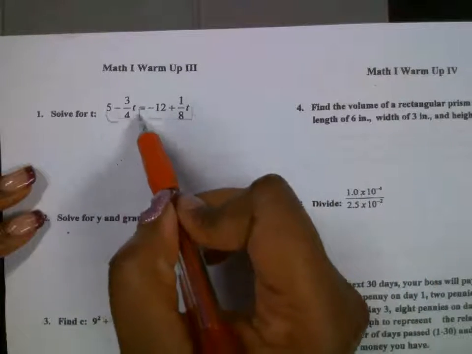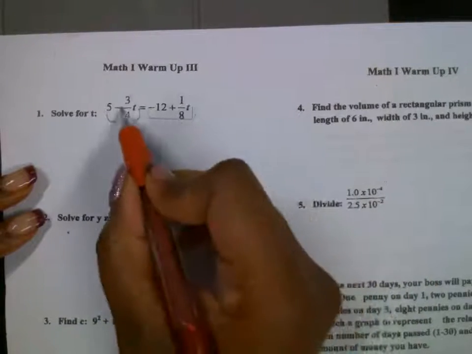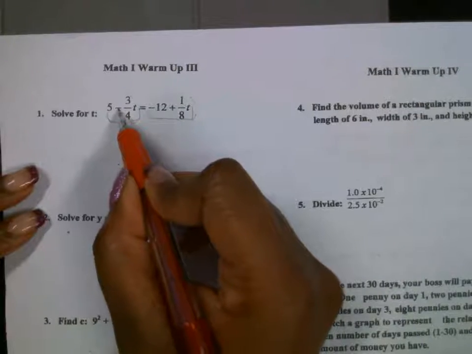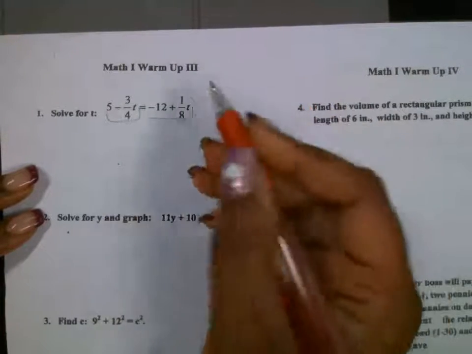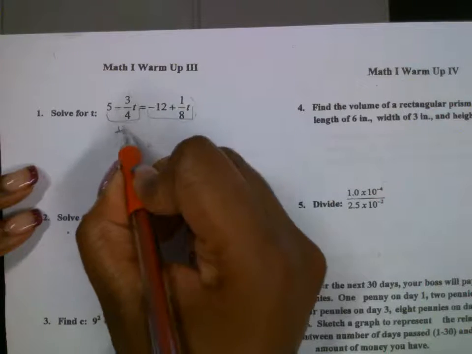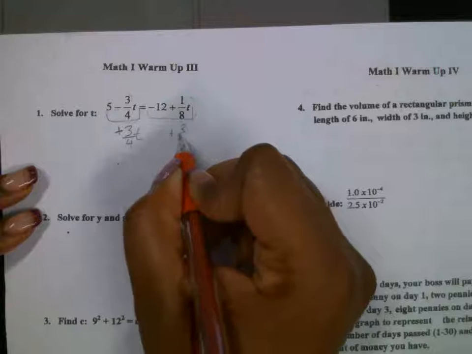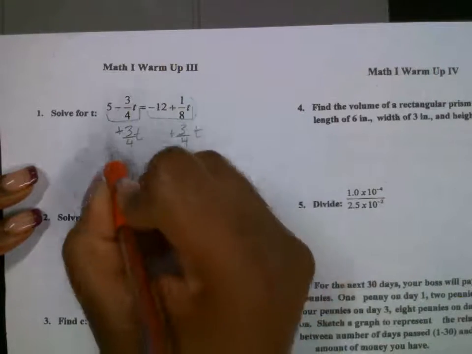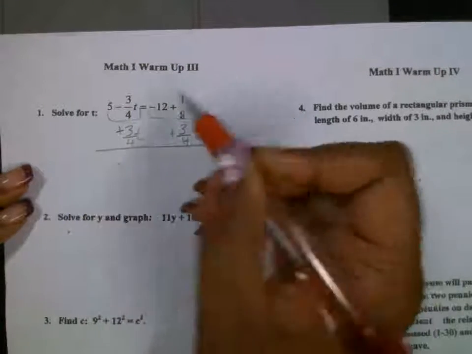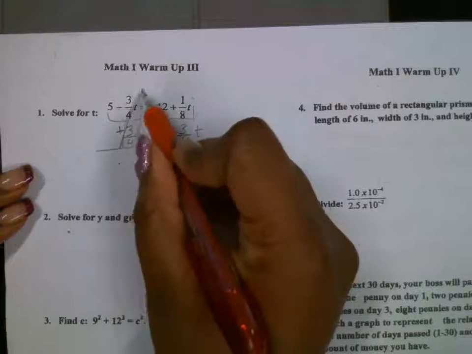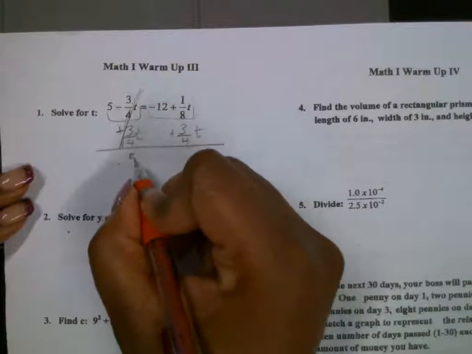We're going to move either this one or this one. I'm going to move this one because I know when I move it, I have to add it, and adding fractions is easier than subtracting, right? So we're going to add 3/4 t to both sides, because we're getting the variables to the same side. When you add 3/4 t on this side, that cancels this out, and we're left with just the 5 over here.